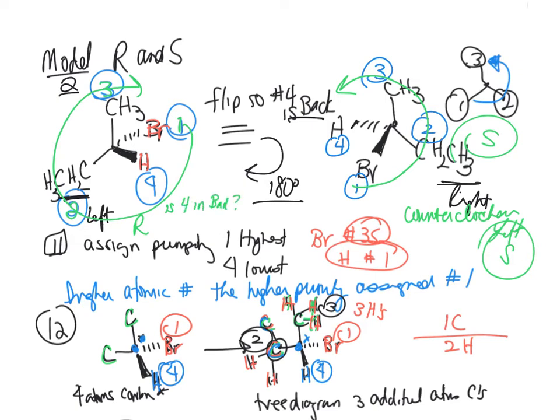The answer in this case is no, hydrogen's coming at me. So I do a switcheroo. I take R and I just switch it to S. And I would say this molecule is S.